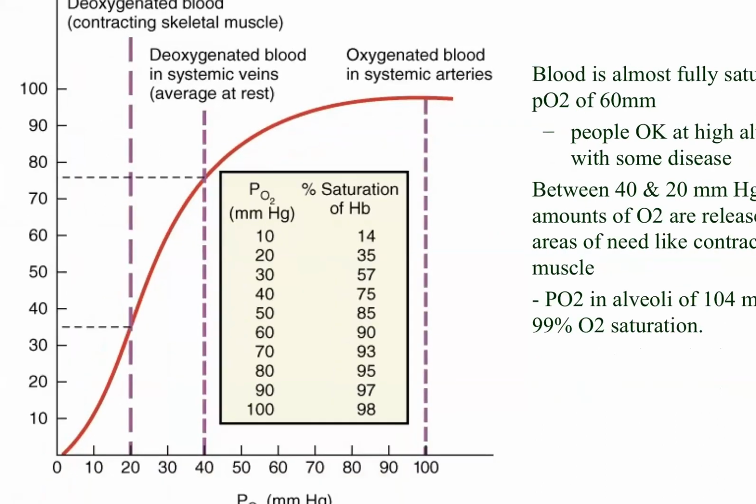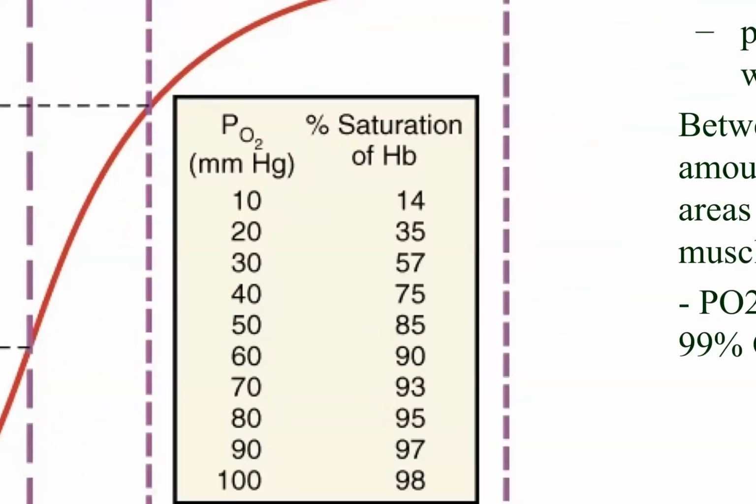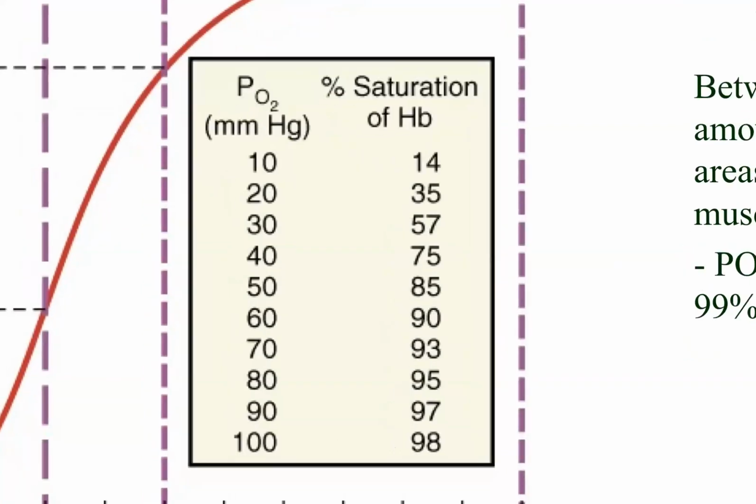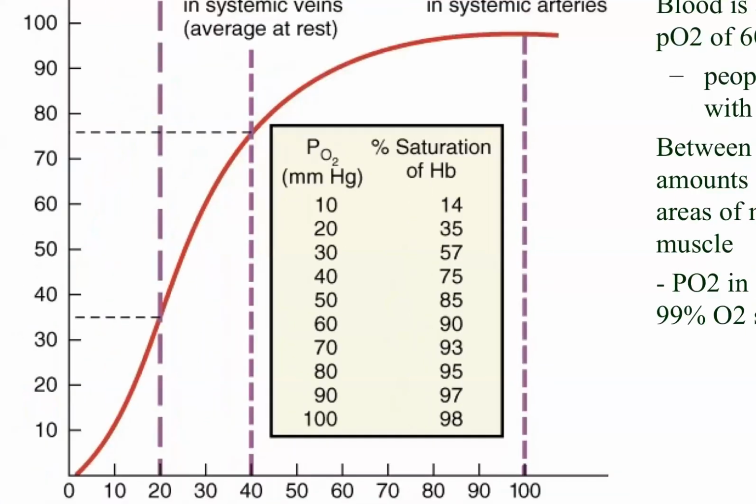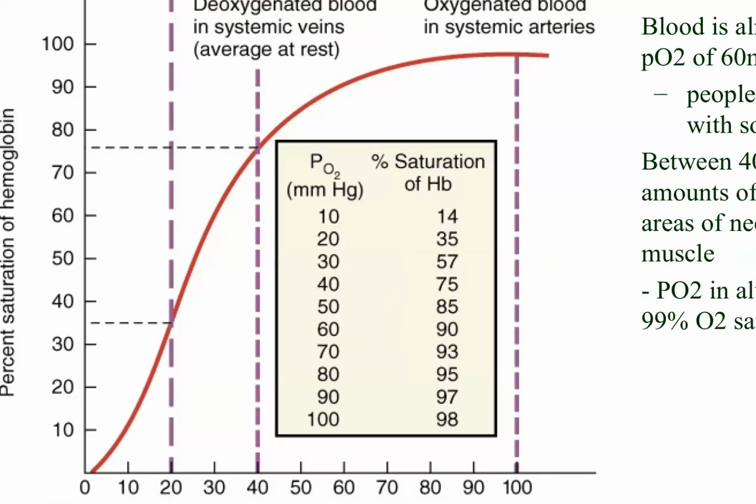Now, if you take a look at the top end of the chart right here, look what happens when I go from 100 millimeters of mercury to 90. Just read that chart right here. At 90, there's a 10% decrease in PO2, yet there's only a 1% decrease in saturation. We go from 98, 99 to 97. That's not noticeable.